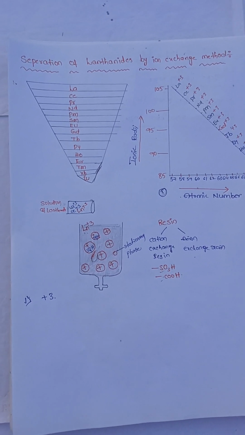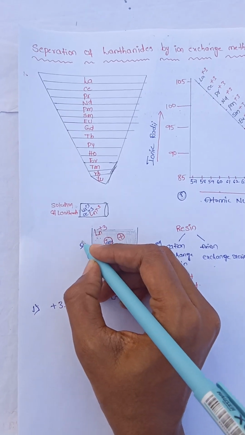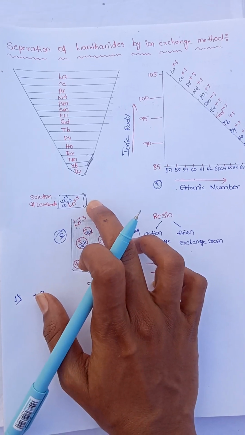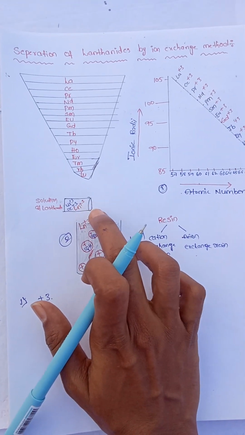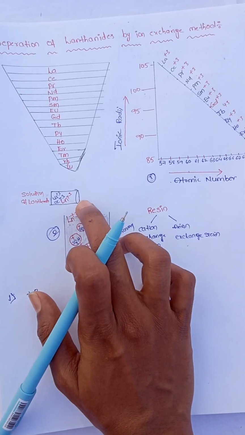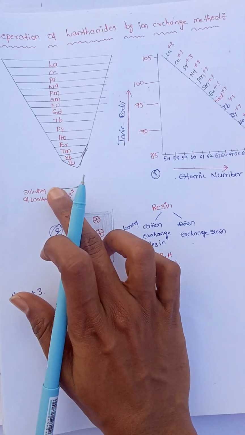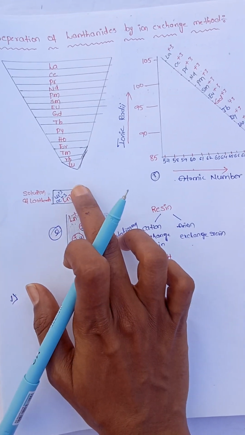The second point from this diagram: a solution containing Ln plus 3 lanthanide ions, that is lanthanide ions with plus 3 charge, is placed at the top of the column.